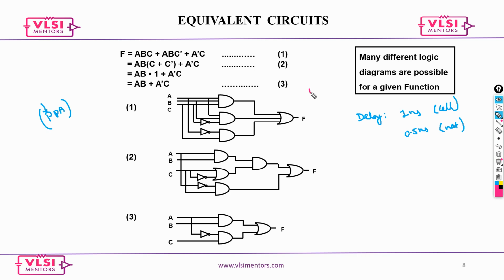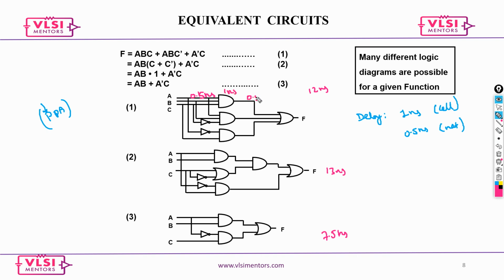Now a simple thing. The first answer that I got was 12 ns, this one was 13 ns, and this one was 7.5 ns. So there is a net one and there is a cell one, that is 0.5 ns, and this is 1 ns.